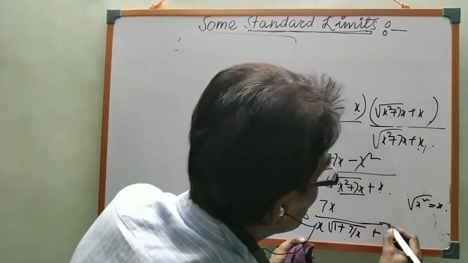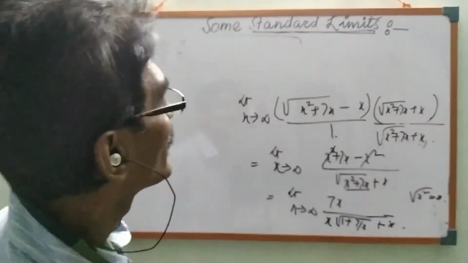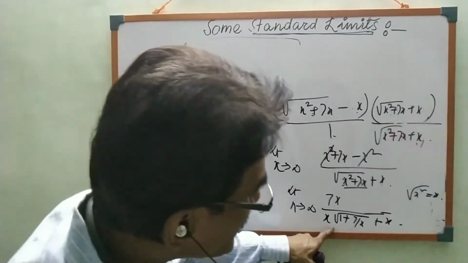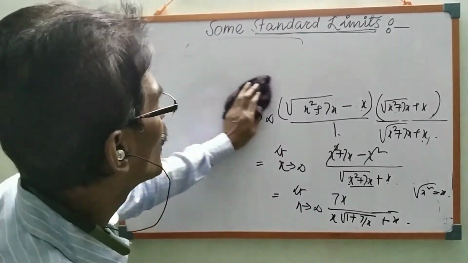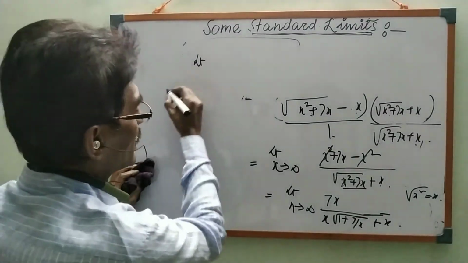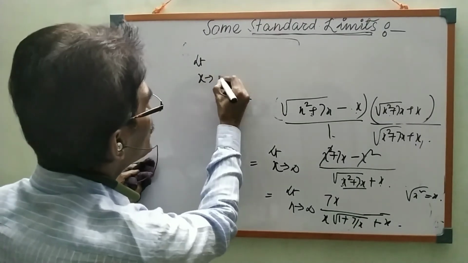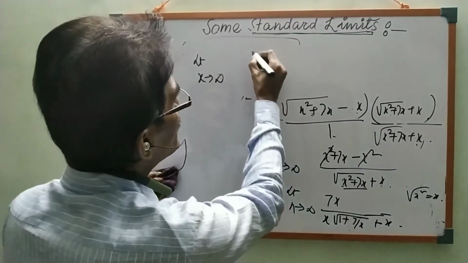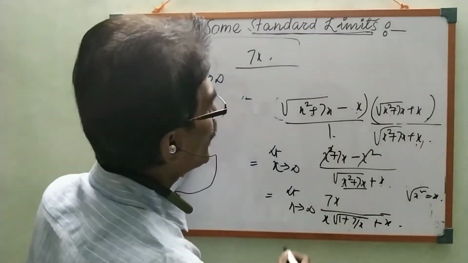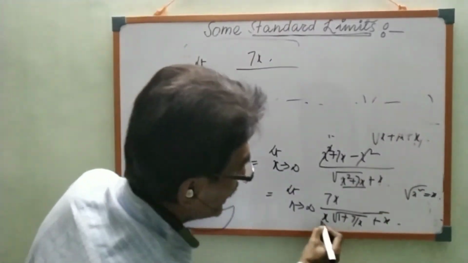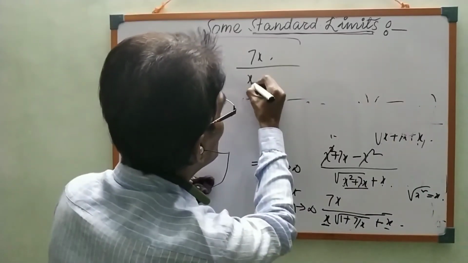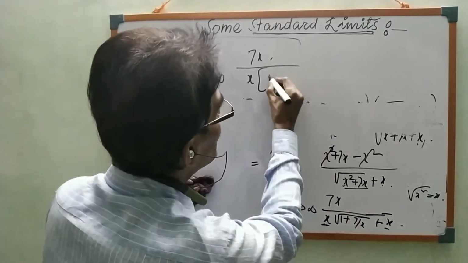Now again, this x and this x, if I take common, limit x tends to infinity, same, this 7x, same, from the denominator x and x, if I take common, then what is left?